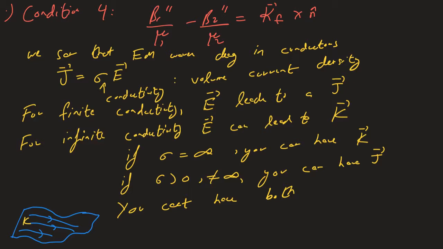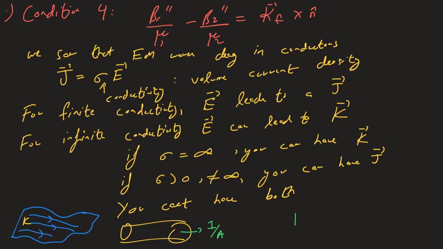Whereas J is like if you have some sort of a pipe, then J is basically the total current over the area. So in some sense, the way to get K from J is to perform an integration. If your J is finite, then since K is only one slice of a finite thing, it's actually zero for a finite conductor.